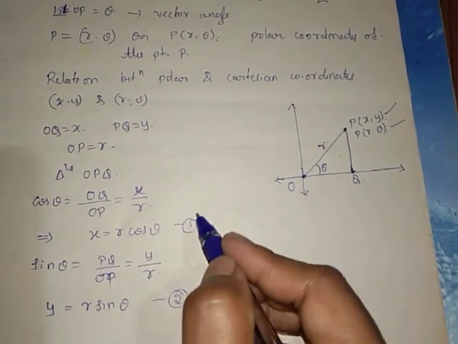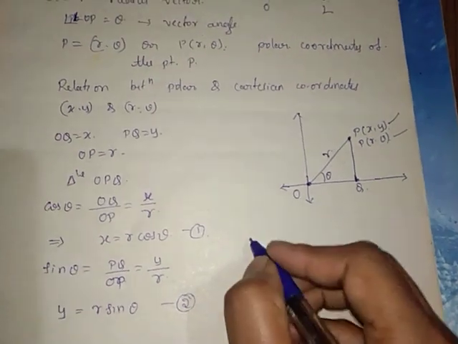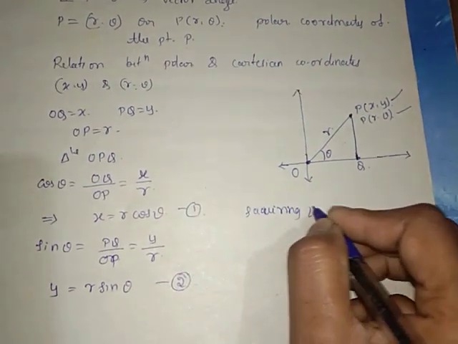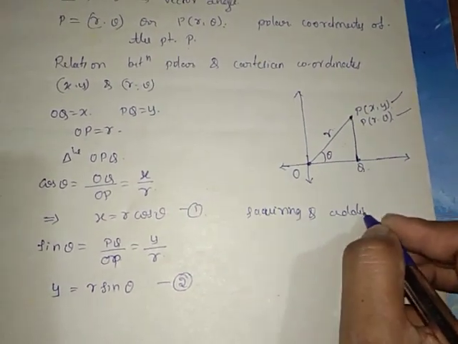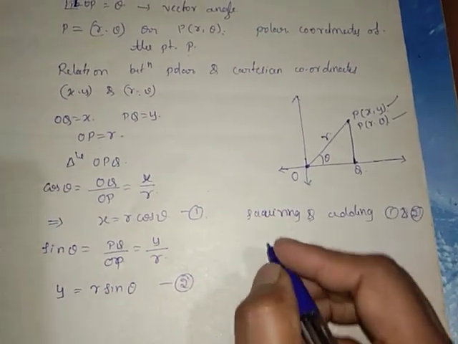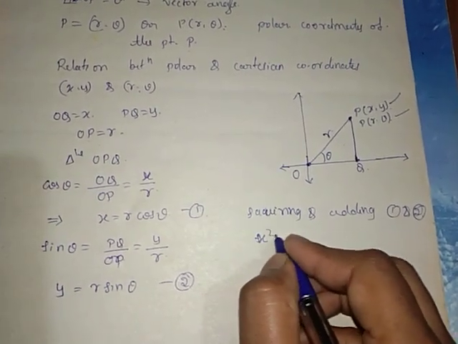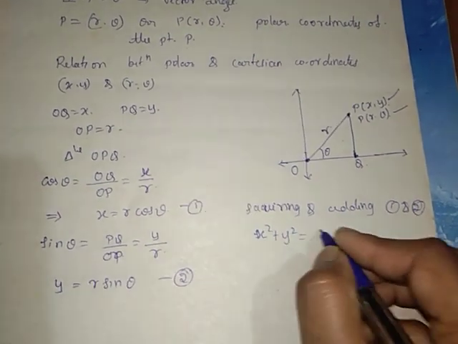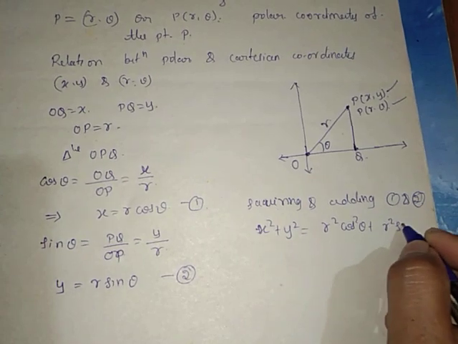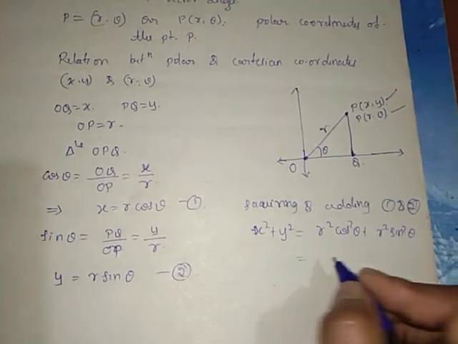Now squaring and adding equations 1 and 2, we get x square plus y square equal to r square cos square theta plus r square sin square theta.